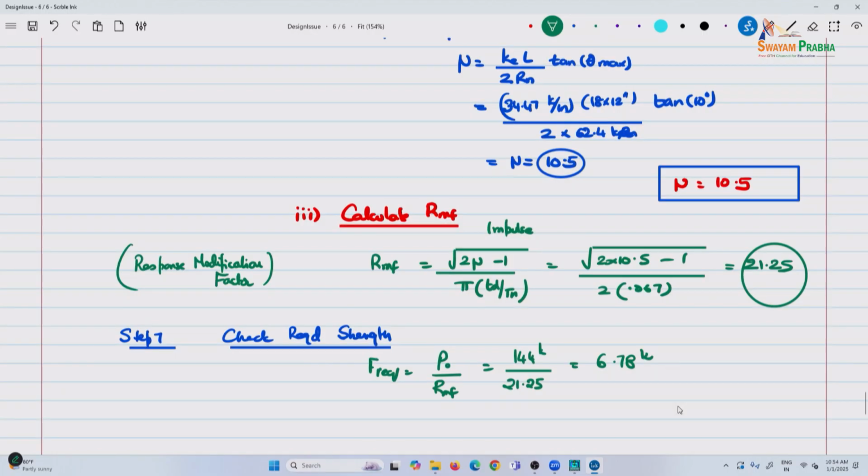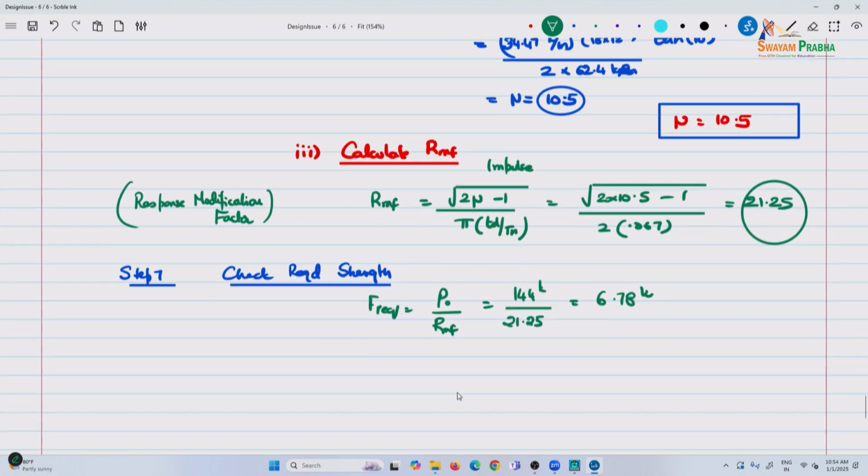Sometimes these values, artificial RMF, come to be very high, especially if you're coming from a seismic world. This can be really, really hard to accept. So the Rn provided is 62.4, so this is adequate. For medium, it could perhaps even be providing much higher.